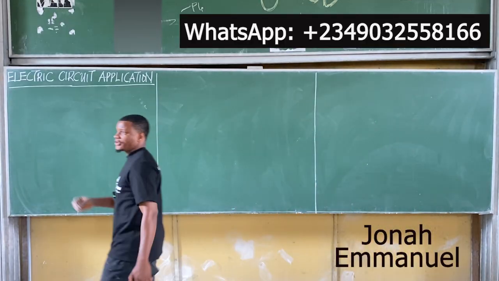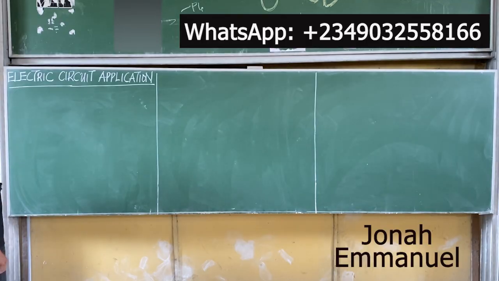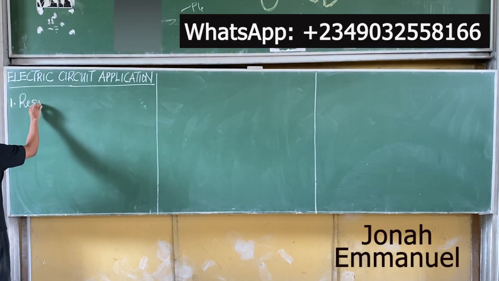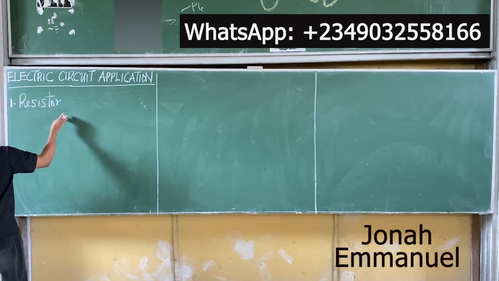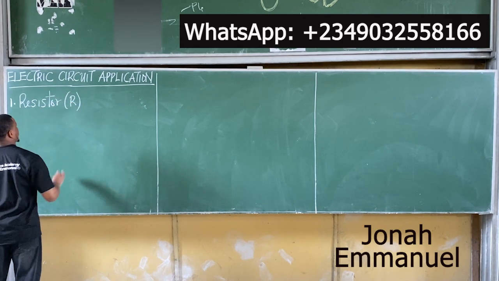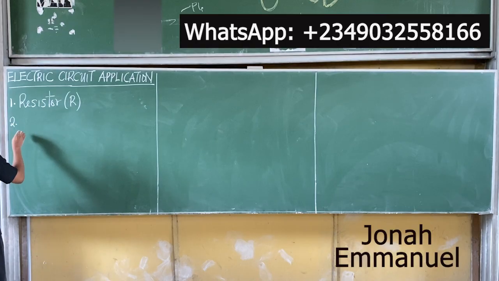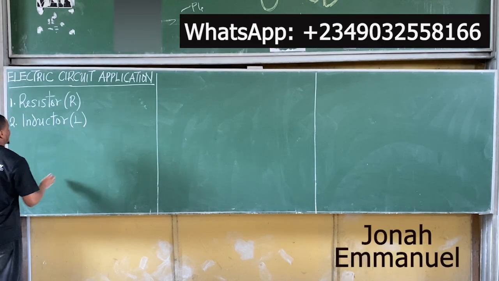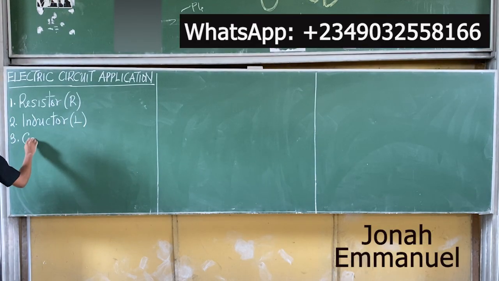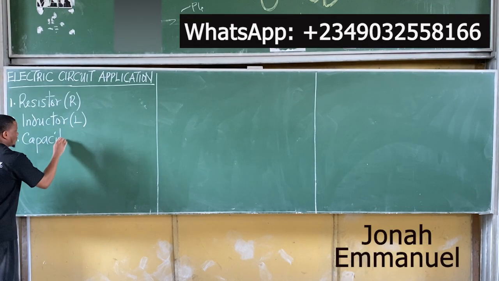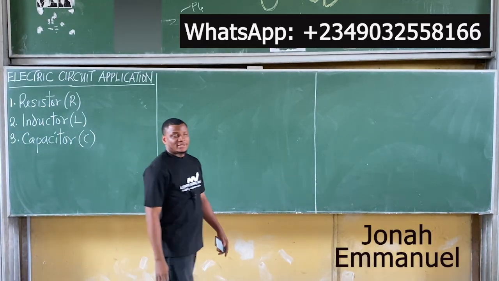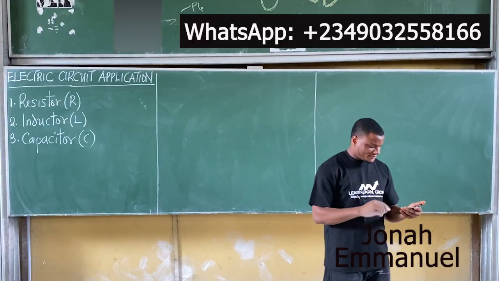Recall that there are three major components of an AC circuit. The first one is the resistor; let's call this R. The second one is the inductor, which is L. Number three, we have the capacitor, that's C. That's the first thing I want to note.